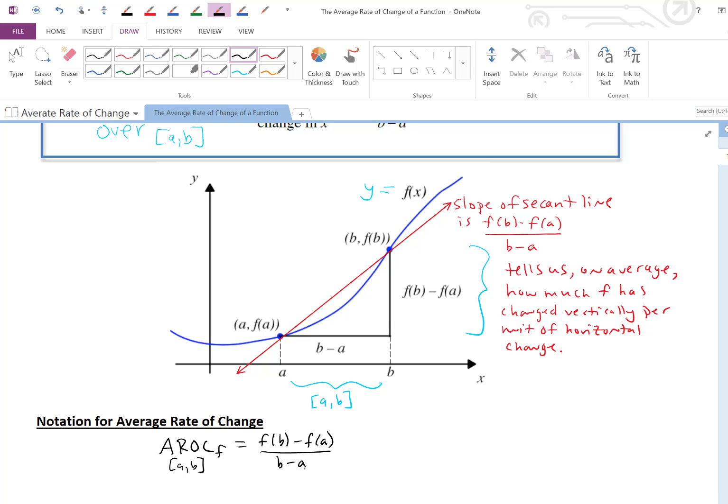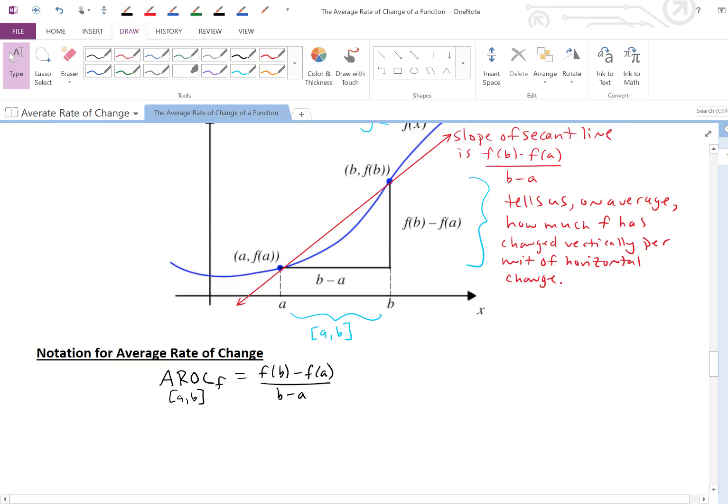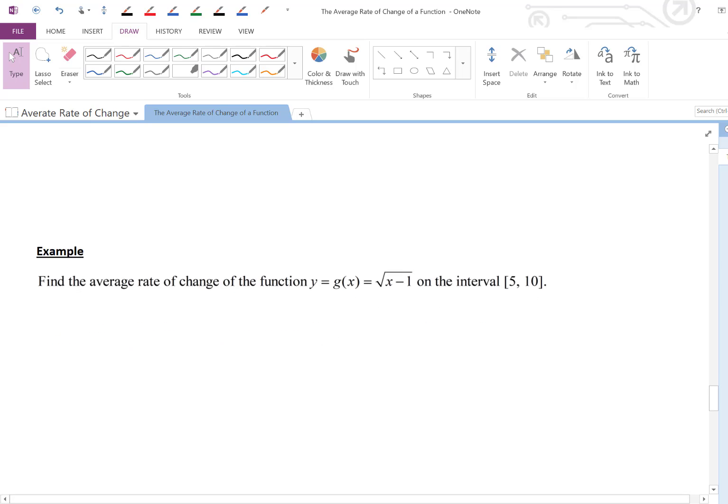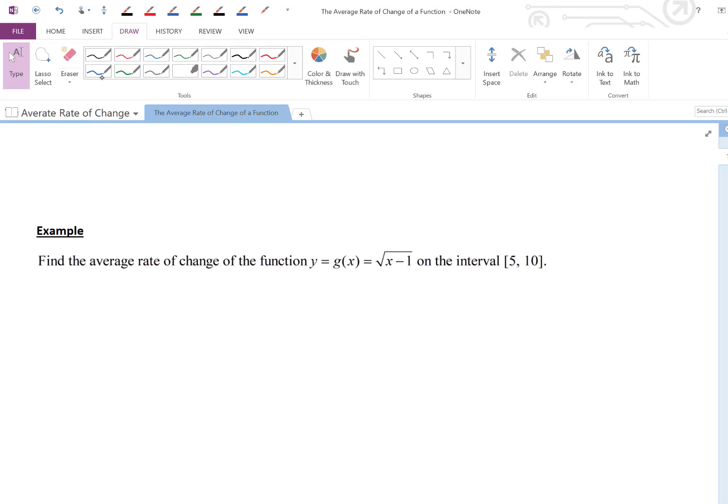Hopefully, so far, it's pretty clear. Okay, moving down here. Let's look. Here is our first example. We're going to consider the function g of x equals the square root of the quantity x minus 1, and we would like to find the average rate of change of this function over the interval 5 to 10. Okay, so what do we find?